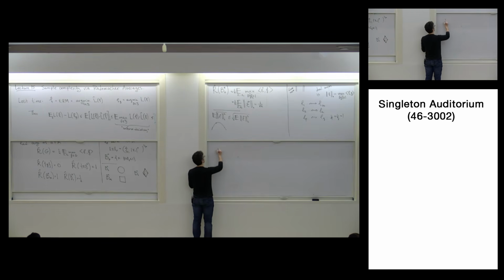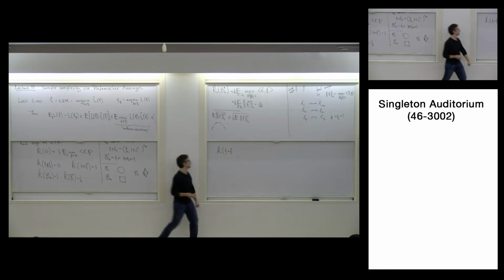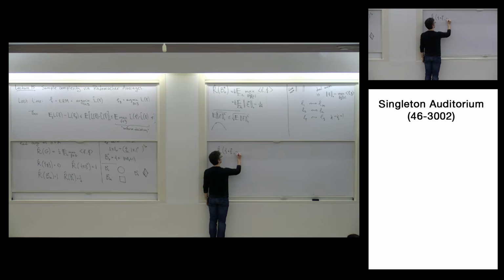How about R hat of 2 vectors: the vector of 1s, that's the all 1s corner of the hypercube, and the all minus 1 vector.